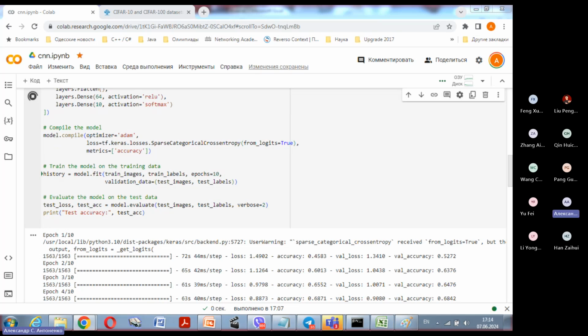So I need to use categorical cross entropy.